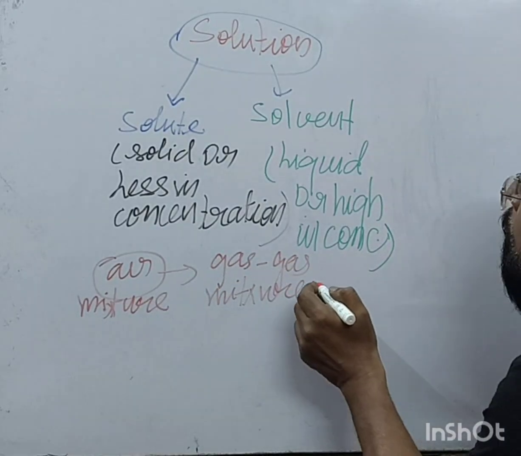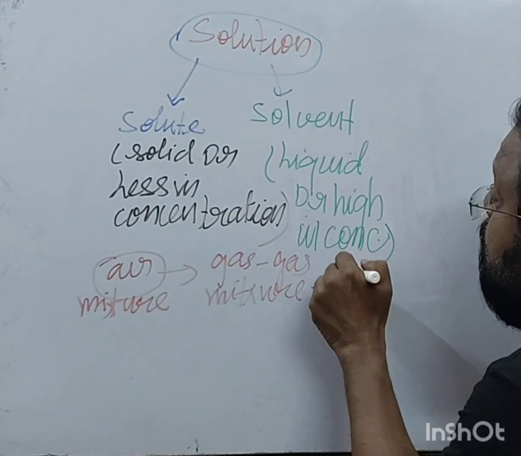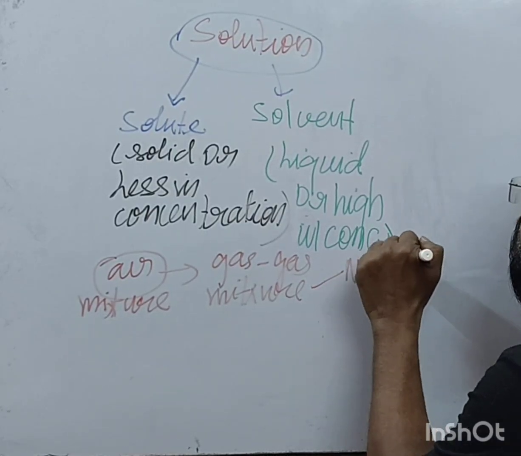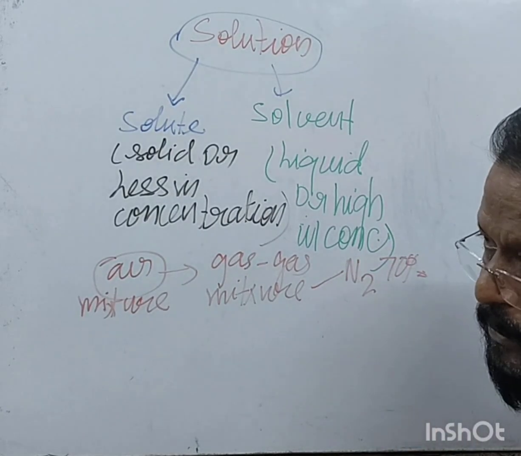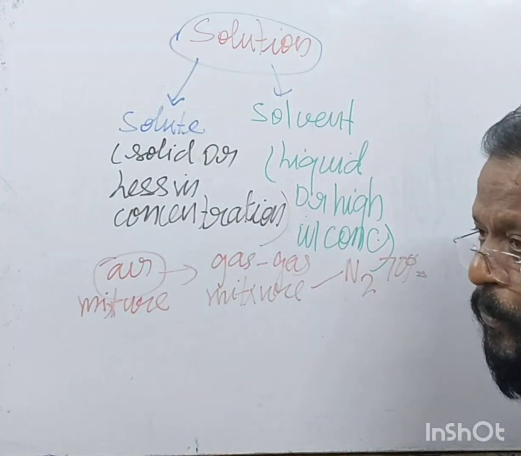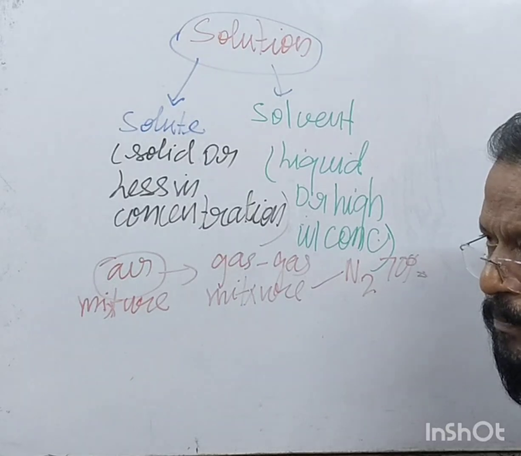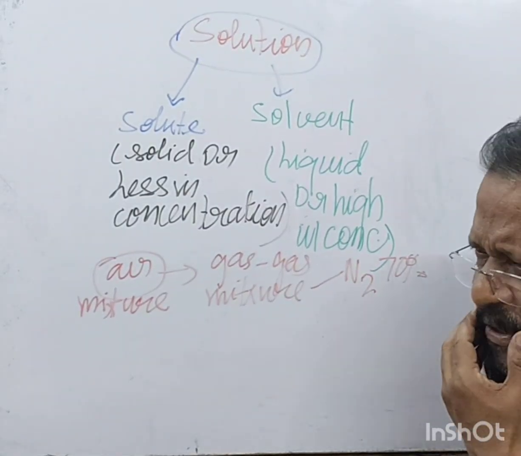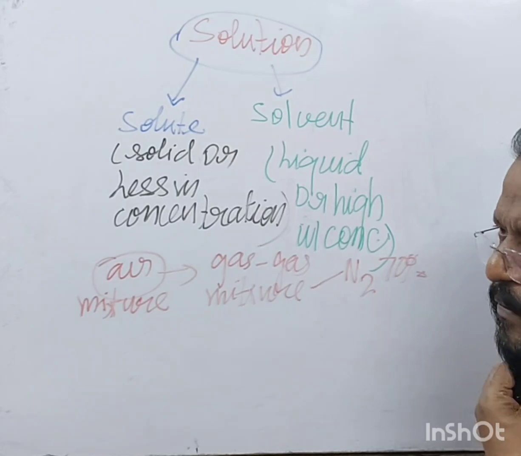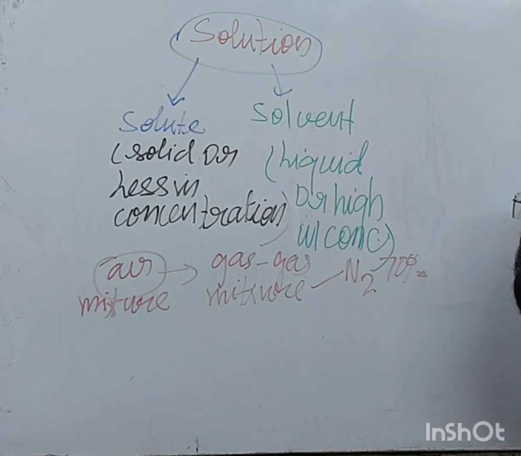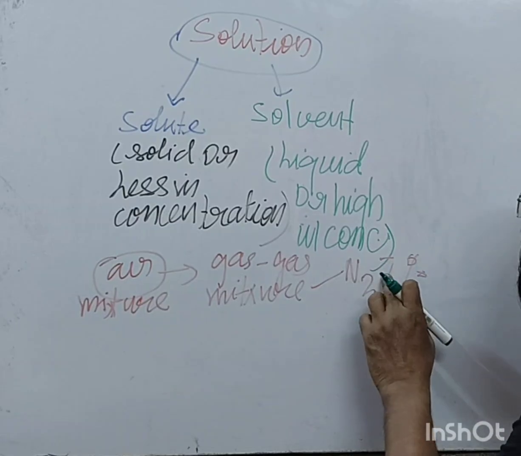So nitrogen is 70%, so it acts as a solvent. We can say 75%, or 71%? It is more than that. Okay, let it be.